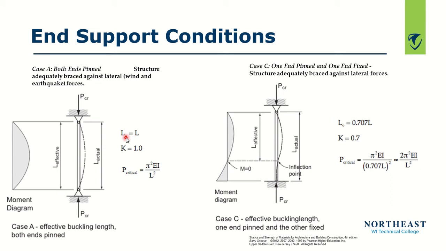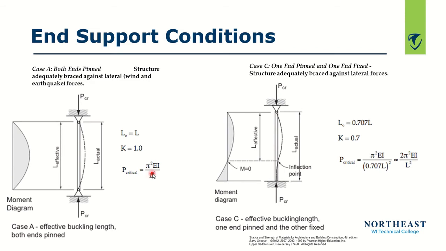So L effective equals the length of the column, due to the way it's connected to the structure. So we have this K term called 1. Basically the full length is going to buckle. So the longer the column, the easier it is to buckle, right? So P critical equals pi squared times modulus of elasticity times I min, divided by L squared.